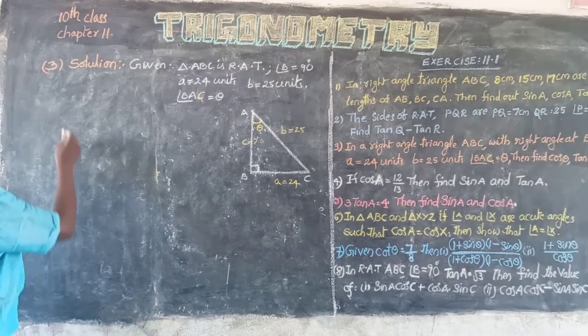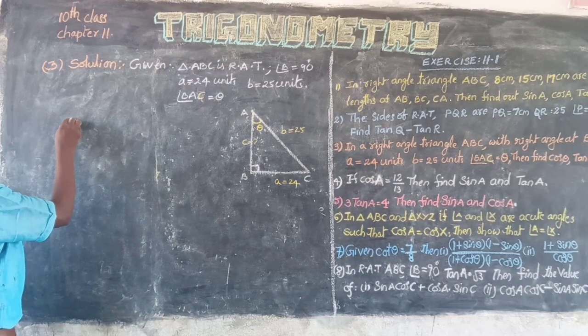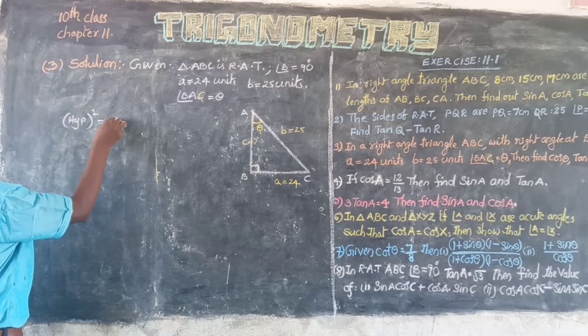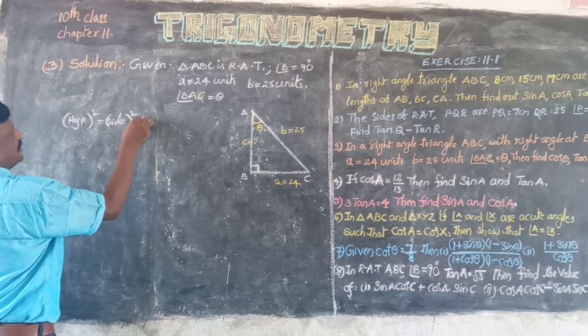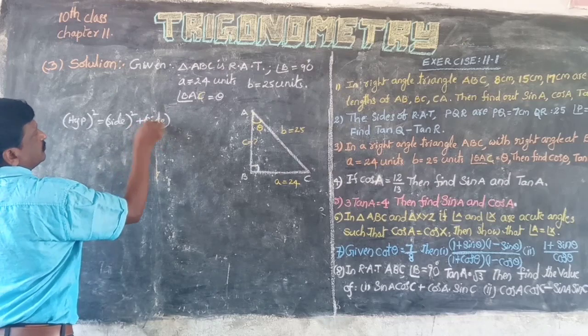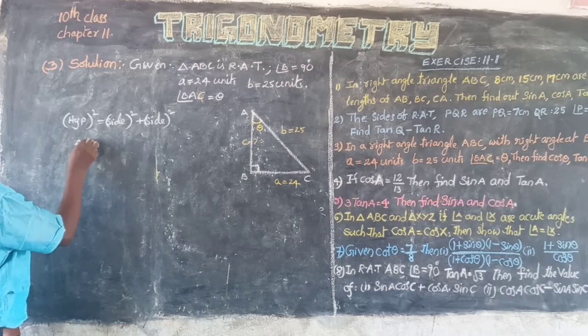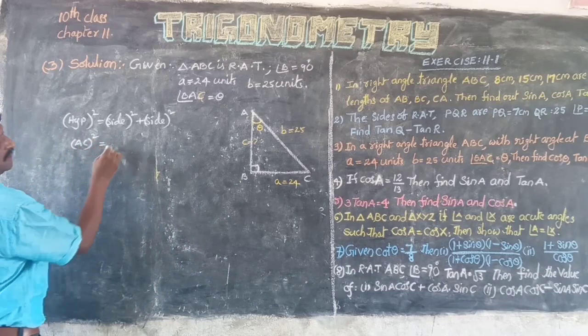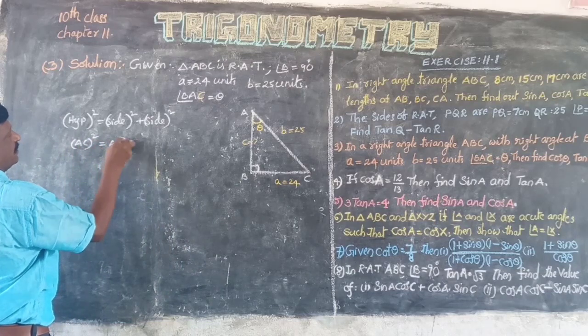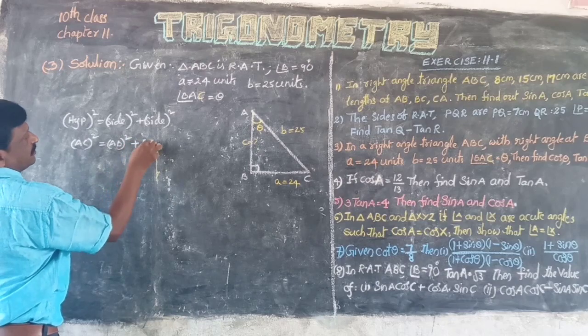So we will find c. Pythagoras formula: hypotenuse square is equal to side square plus side square. What is the hypotenuse? AC. AC square is equal to AB square plus BC square.